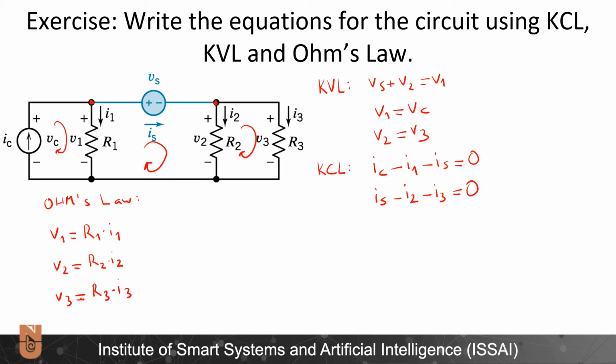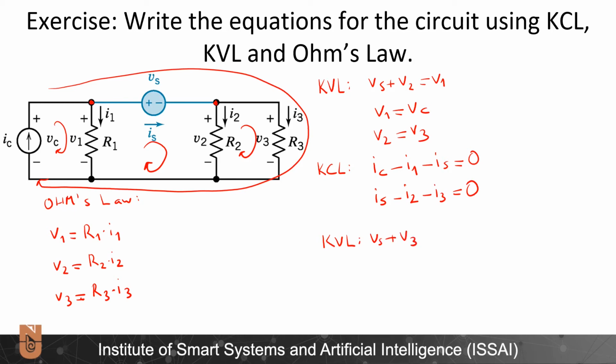So now I wrote all possible equations which I could write about the circuit. Indeed, I can write one more loop which is for the whole circuit. Let's try to write this together. Another KVL, Vs plus V3 is equal to Vc.